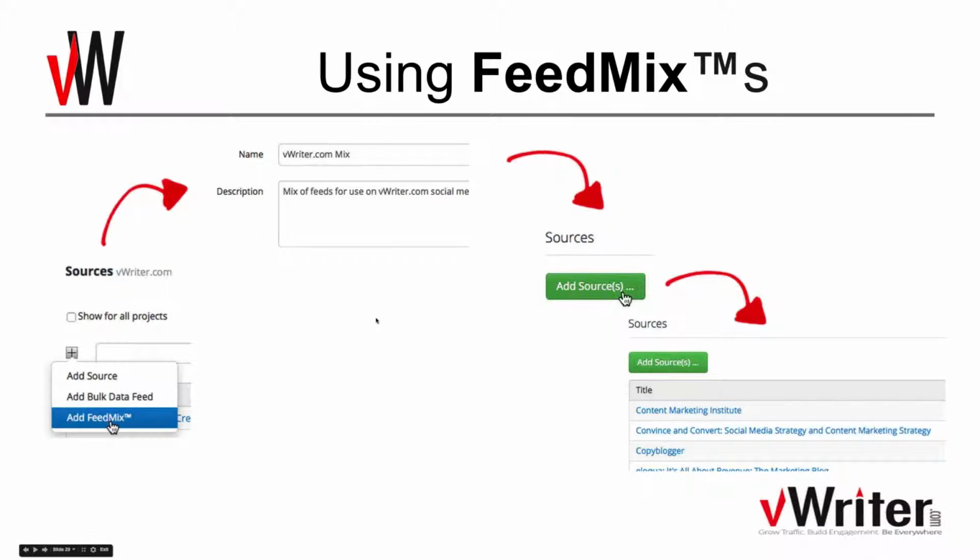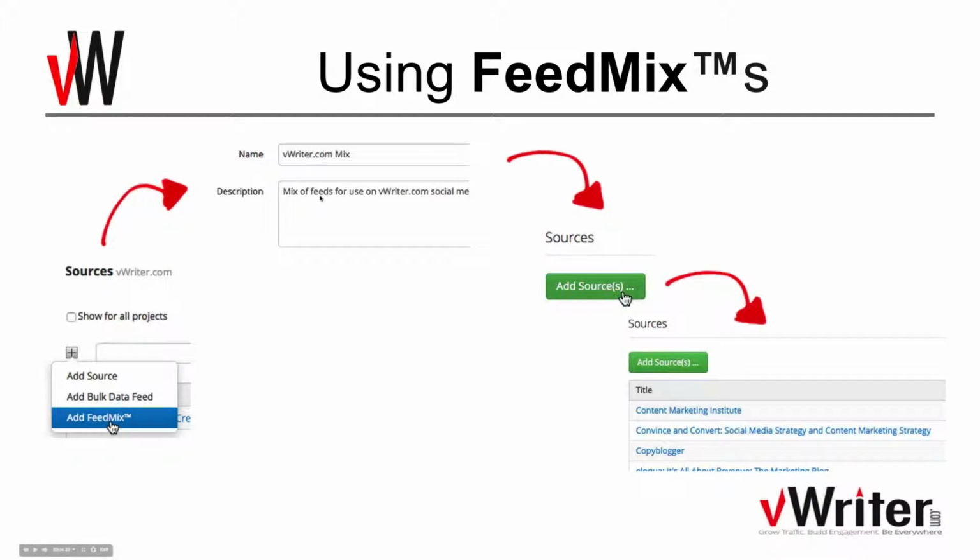So to set up a feed mix, you would do something very similar to what we did before with adding one of the done for you content feeds. You'd go to the main sources page, click the icon and click to add feed mix. Enter in the name and description if you want to as well. You can just see my example here.